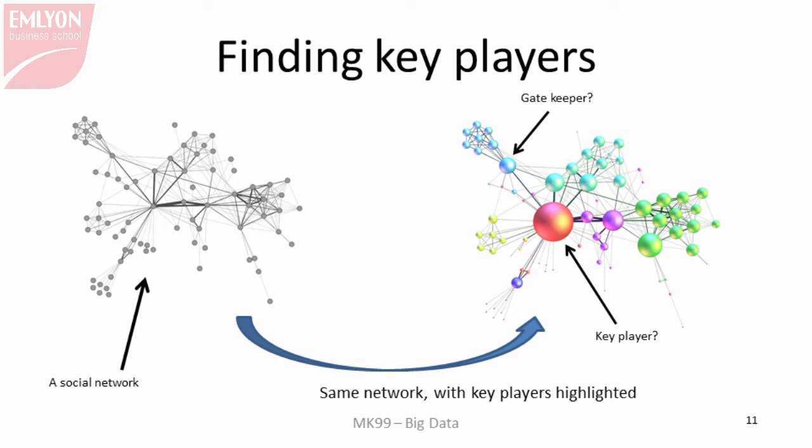The blue node that I highlighted could be interesting because if you want to move from the network to the blue community, you are almost obliged to go through this person to reach the other side. So this person is not the most central overall, but still this person can be quite important to reach if you want to reach the community behind it, the community of blue nodes.